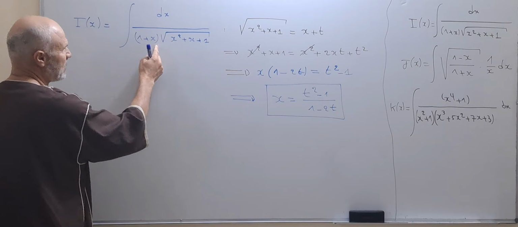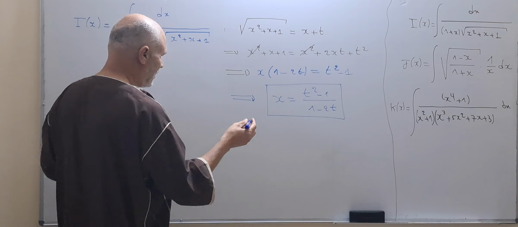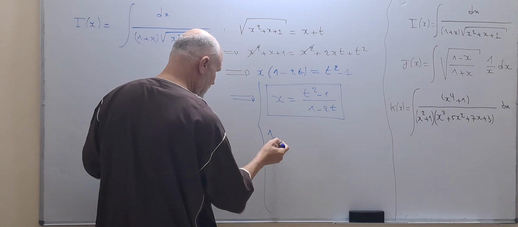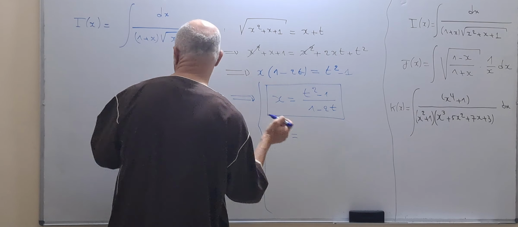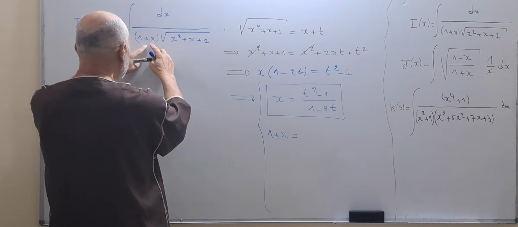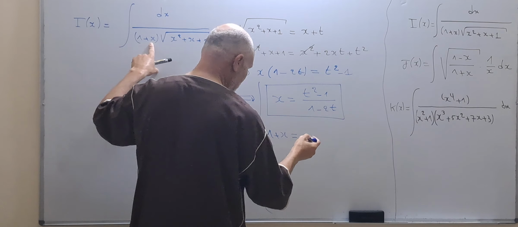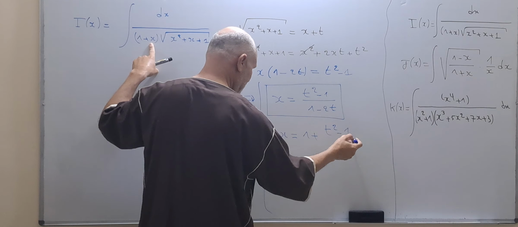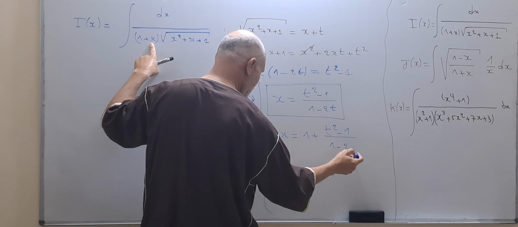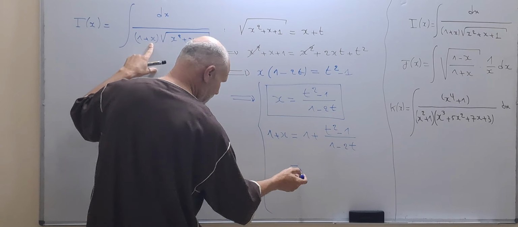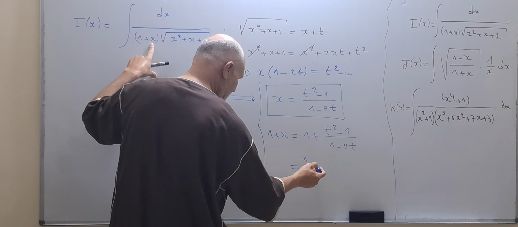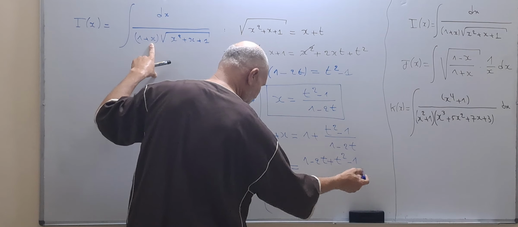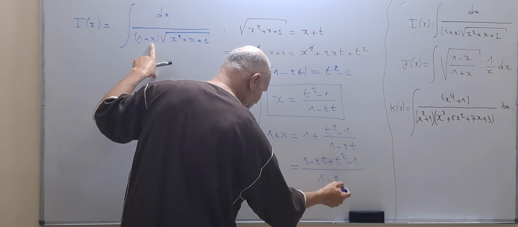And 1 plus x, we will need it later, is equal to 1 plus t squared minus 1 over 1 minus 2t, which is equal to 1 minus 2t plus t squared minus 1 over 1 minus 2t.